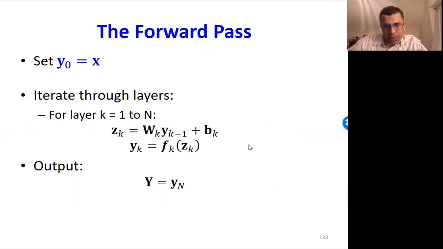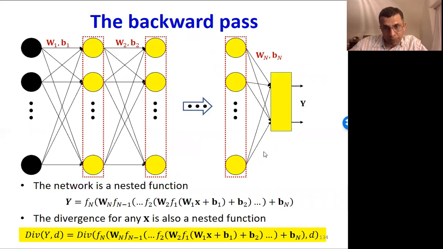Now we must compute the backward pass. The entire network is actually a nested function. First, we compute an affine function of the inputs. Then we apply the first activation to this affine function.